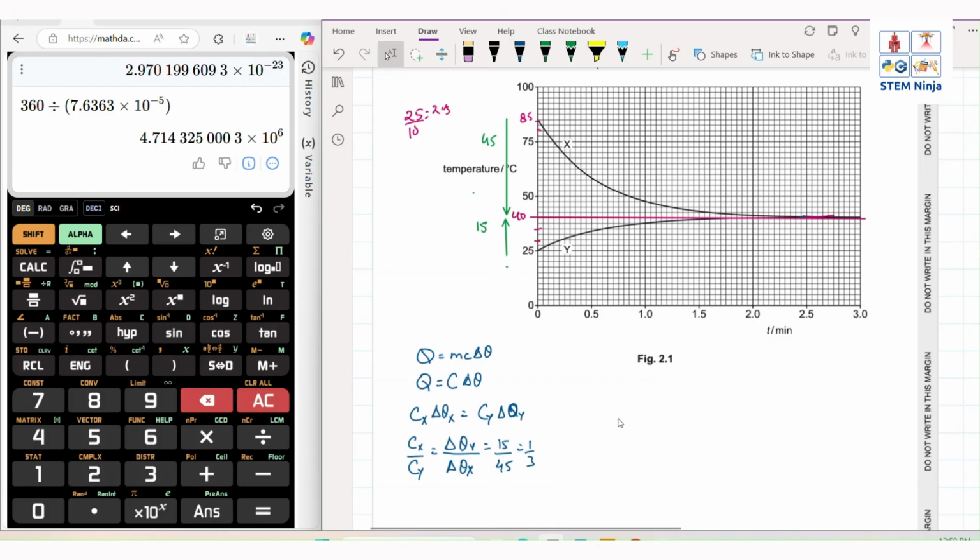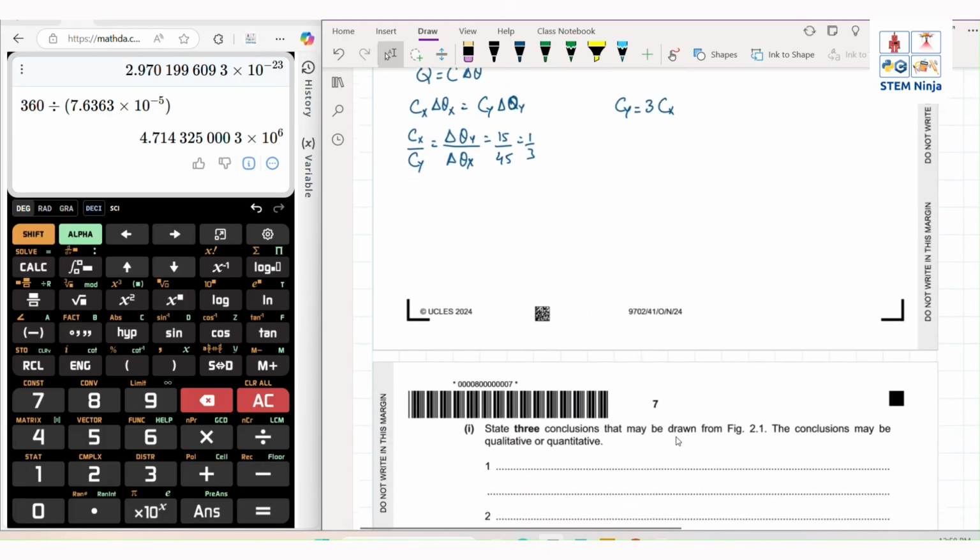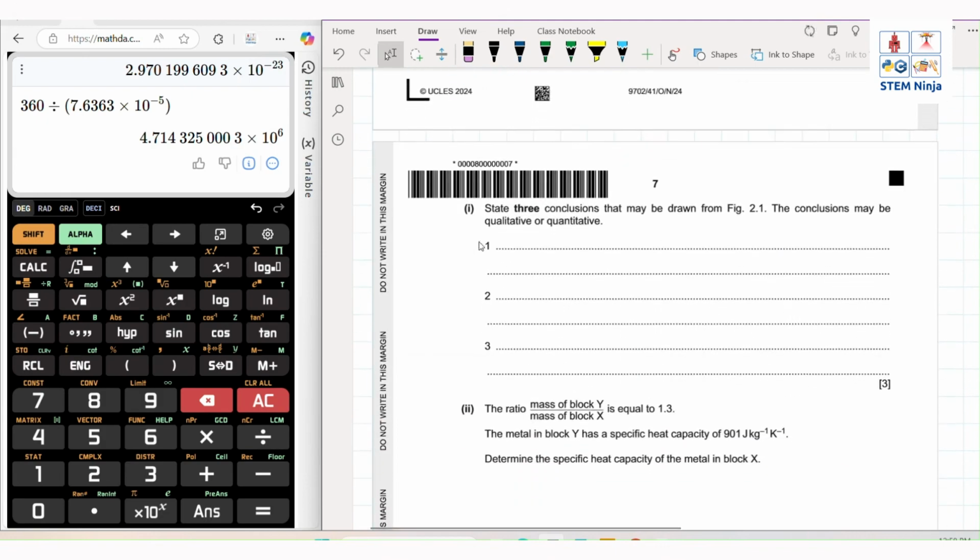So we can cross multiply to see that the heat capacity of y is 3 times the heat capacity of x. Because it requires more energy to change the temperature by 1 degree.